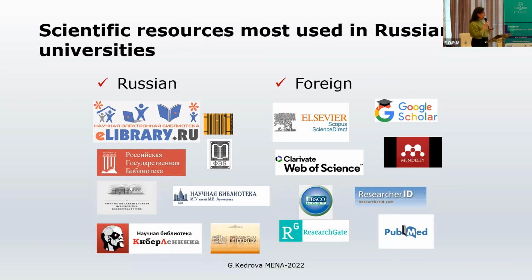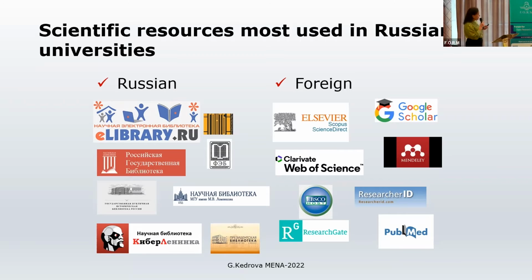Here on the slide, you may see the most used scientific resources at the universities in Russia. And I'm speaking about universities. To the left, it's the Russian products, Russian resources. To the right, it's foreign.